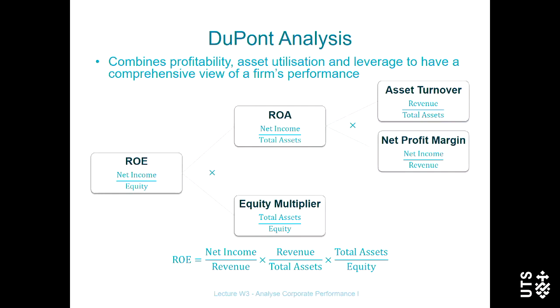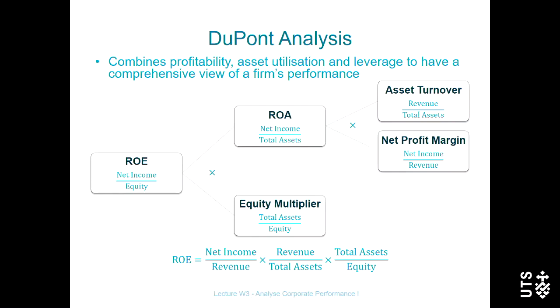So this is saying how efficient the company is in translating investment in assets into revenue, and how well the company manages its margins to get as many cents as possible per dollar of revenue.